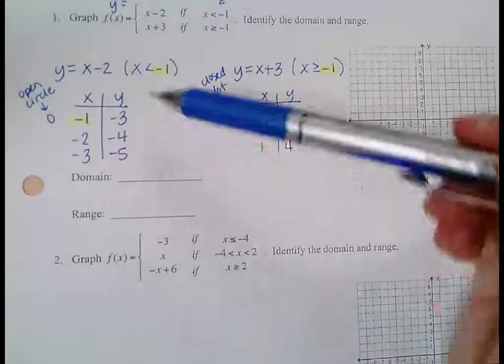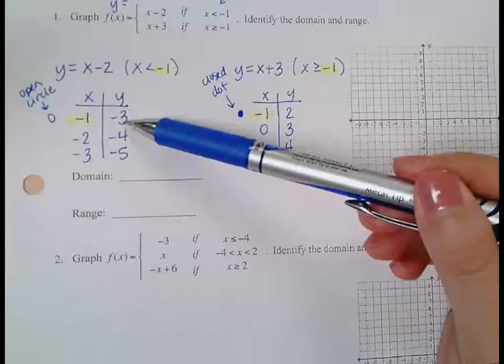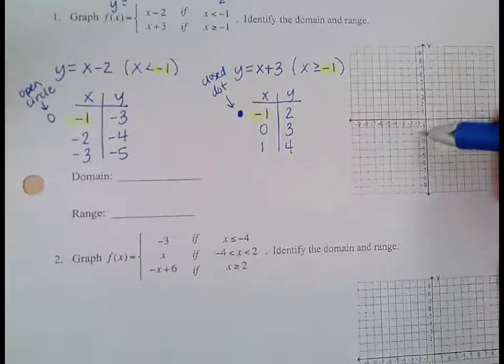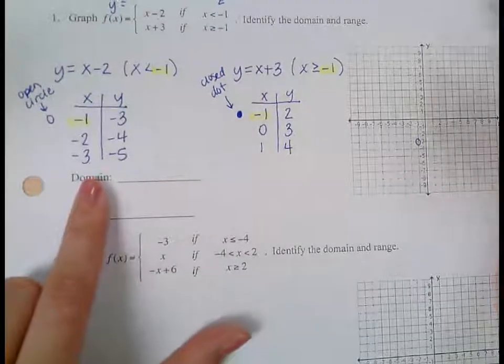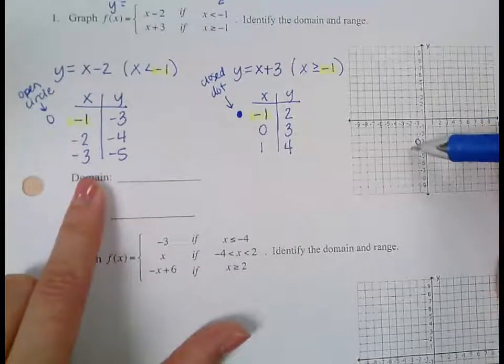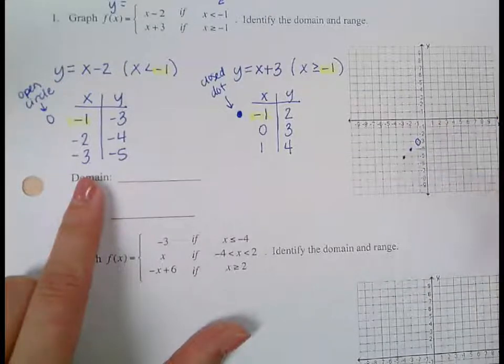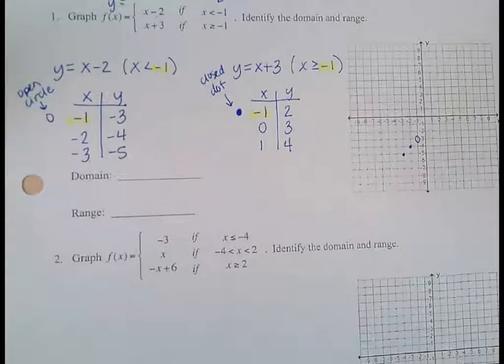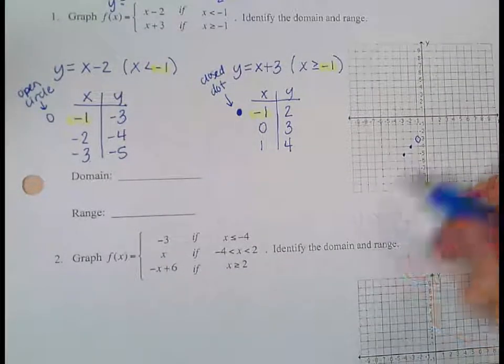So now I'm going to graph the first table first. So I'm going to put an open circle at the point -1, -3. And then I'm going to plot -2, -4. Again, that can actually be a dot, and -3, -5. And now when I draw this piece of my graph in, I just start at that open circle and I draw my line through the other points I graphed.